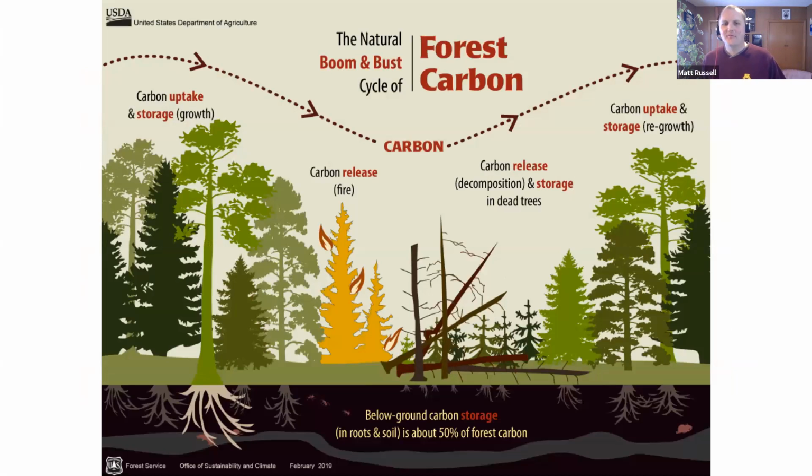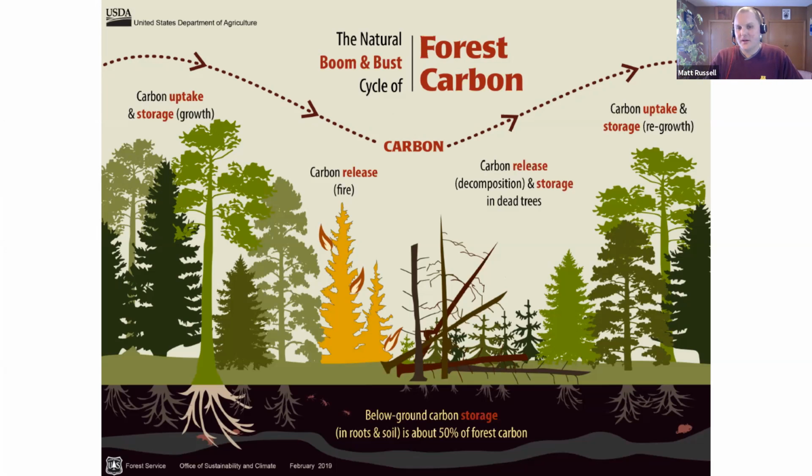I really like this graph by the US Forest Service that talks about the different boom and bust cycles of forest carbon. Forests sequester and store carbon through growth, but it's also released. As an example, all of the major wildfires that happened in the western states this last summer released all of the carbon that was residing in those trees, and that was an immediate release to the atmosphere.